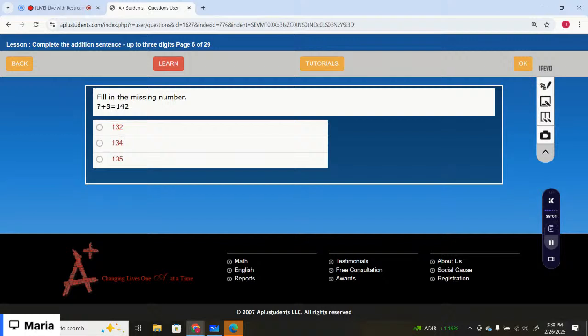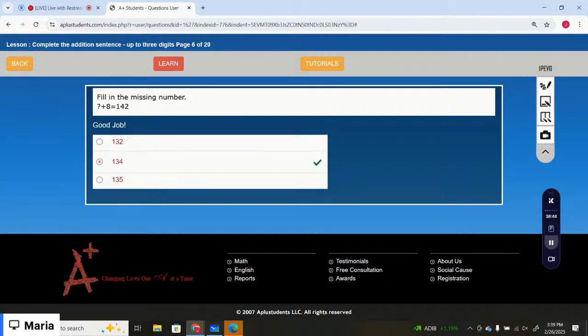Fill in the missing number. 8 plus the missing number is 142. That is 8 plus 134 equals 142. Option number 2 is the correct option.